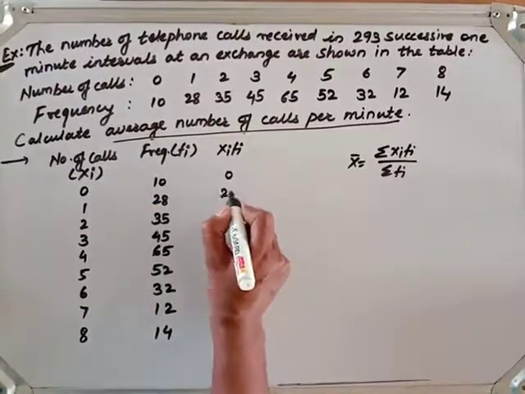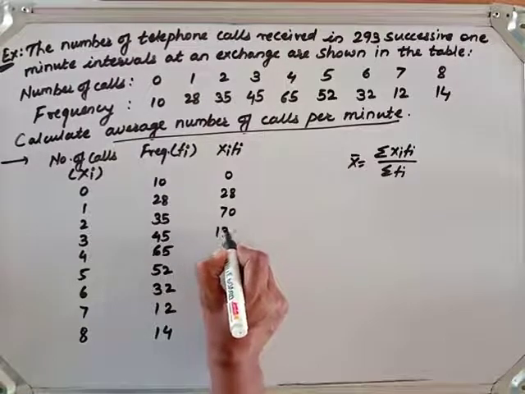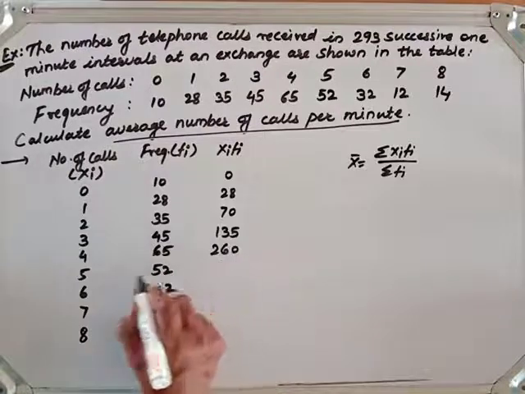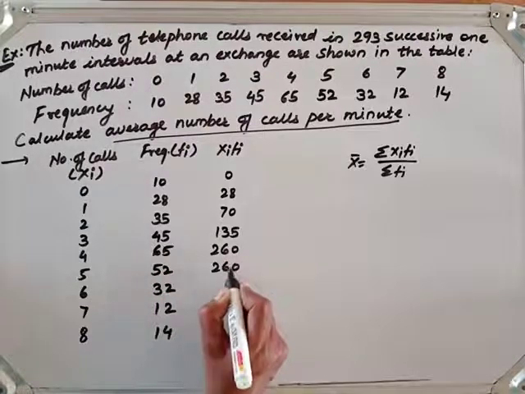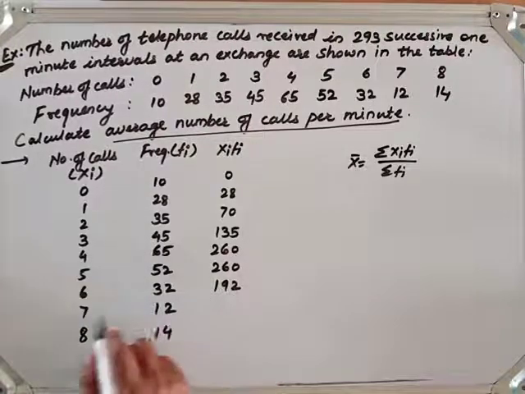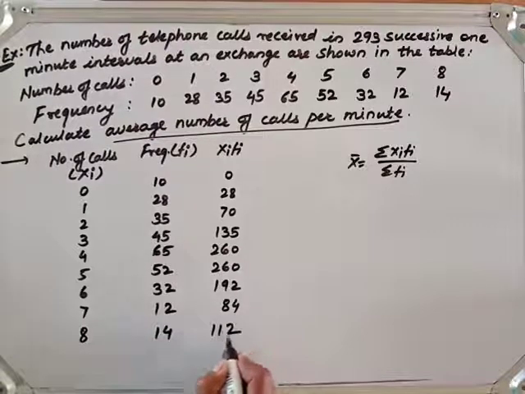This is 0, 28, 70, 135, 260, 260, 192, 84 and 112.